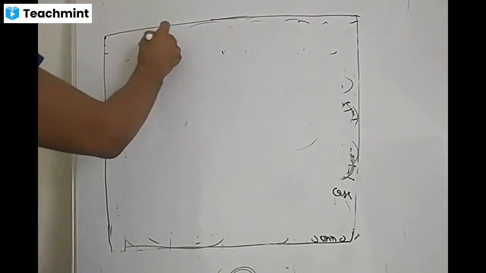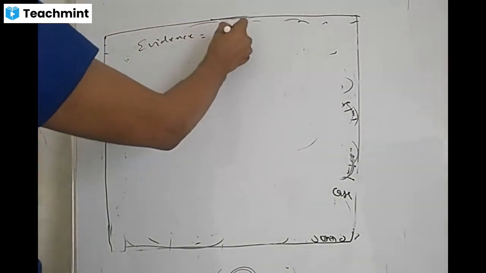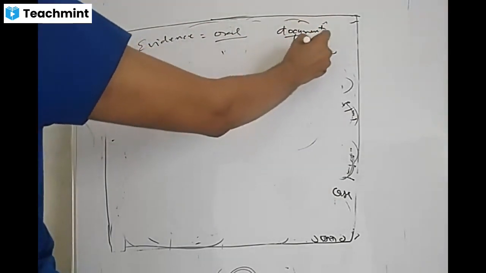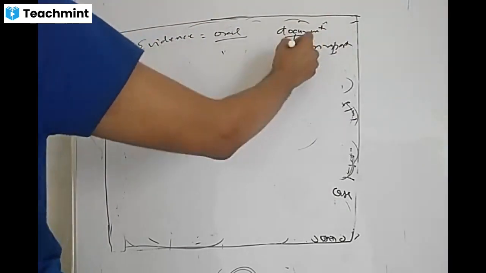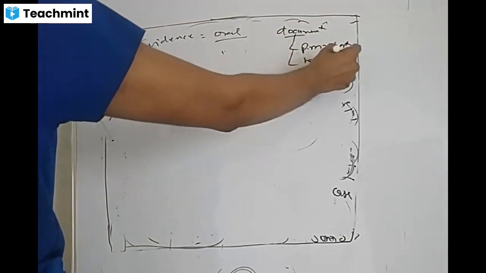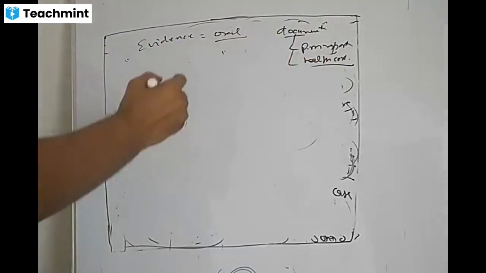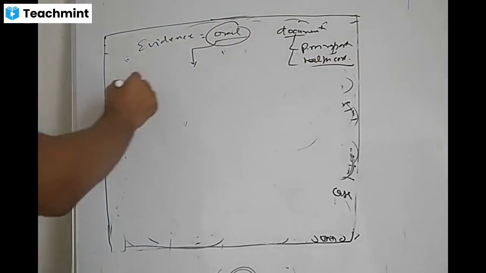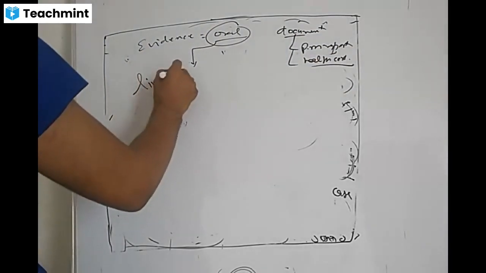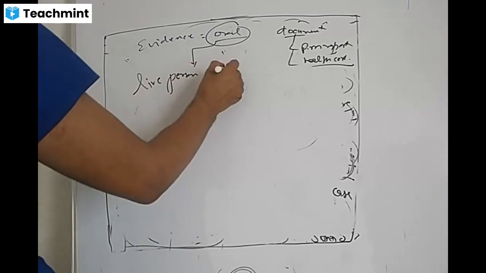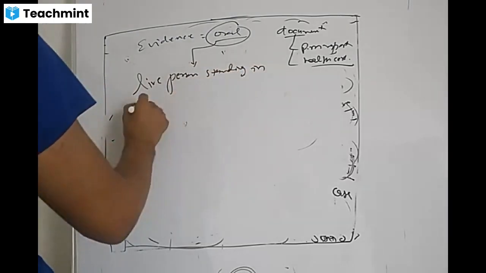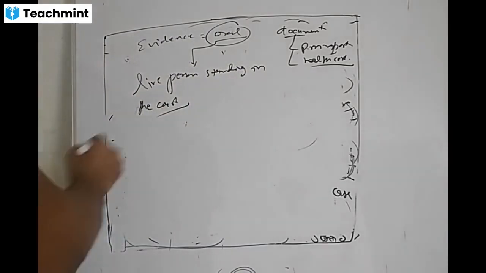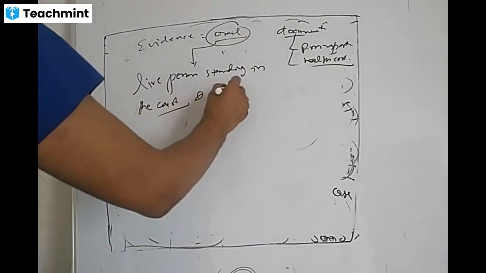So evidence equals oral and document. Document means your post-mortem reports, health certificate. These are documents. Then what is oral? Oral means a live person standing in the court and speaking.